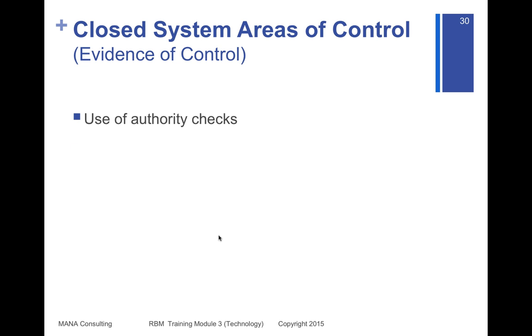We've talked about it in some of the monitoring components of how valuable an audit trail can be. And use of operational system checks to enforce permitted sequencing of steps.